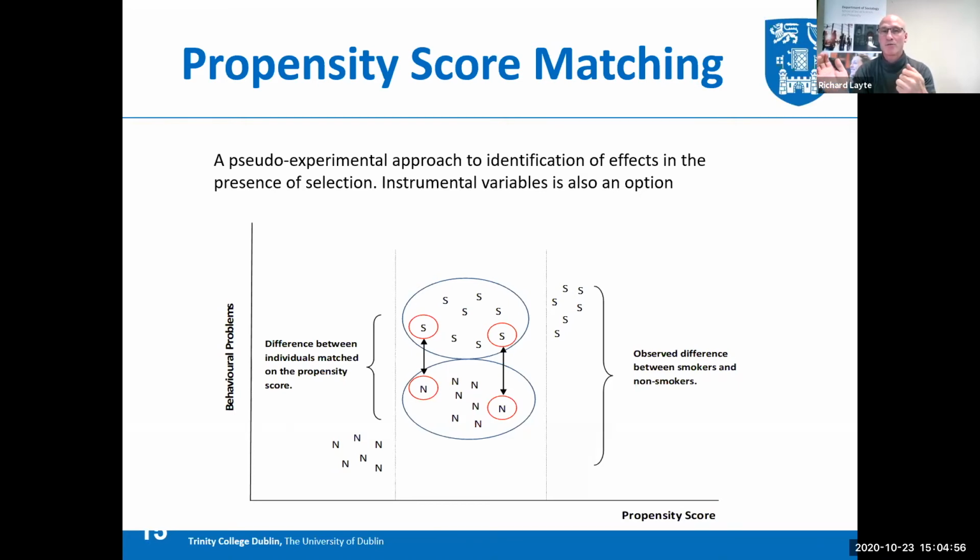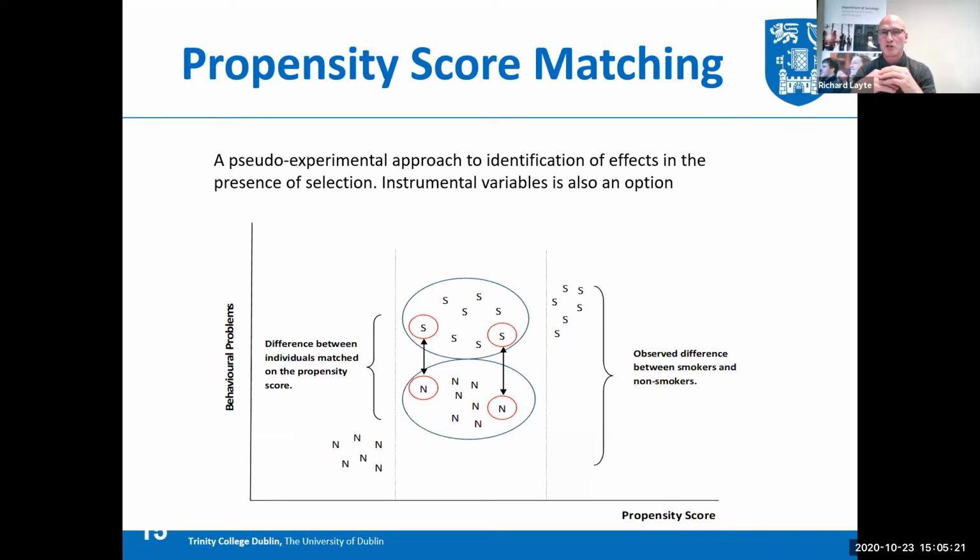And then you select people who've got a similar propensity to experience that effect. But then you compare those who did experience it to those who didn't experience it. So everybody would have a probability of experiencing recession, but not everybody did experience recession. And you can compare those people with the same probabilities, but who did and who didn't.